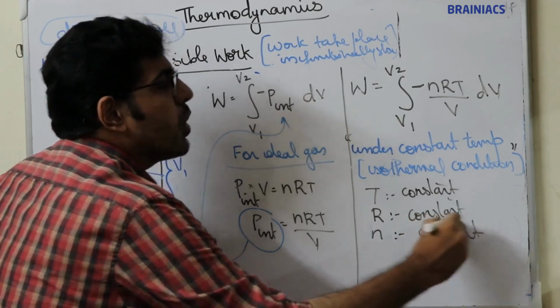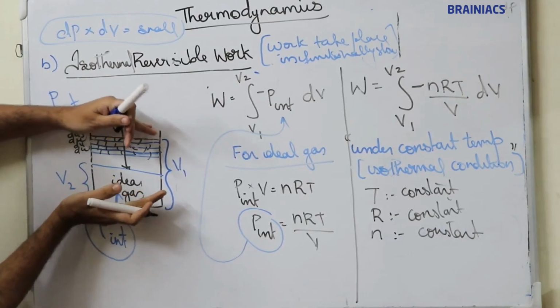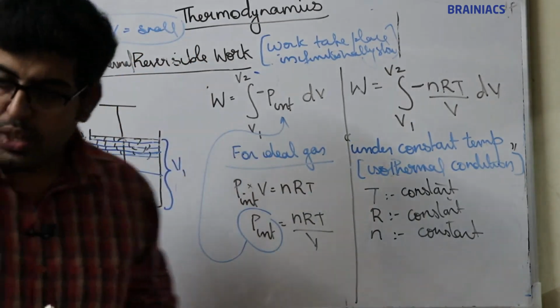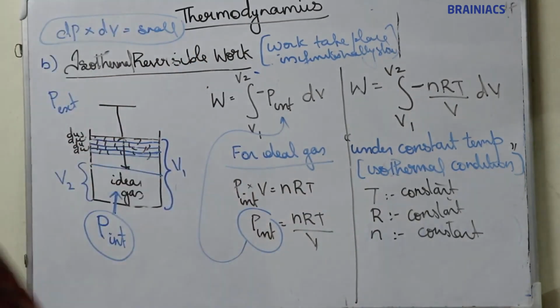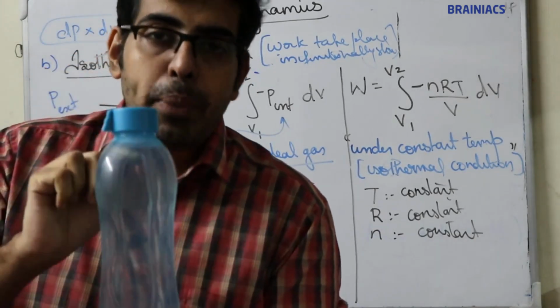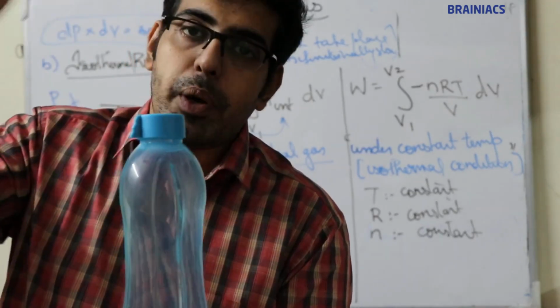also a constant because we are conducting the process in a closed system. Closed system means the number of moles will not change. I'm taking some water in this bottle. Since the bottle is closed, the number of moles in this bottle remains constant because it cannot escape.